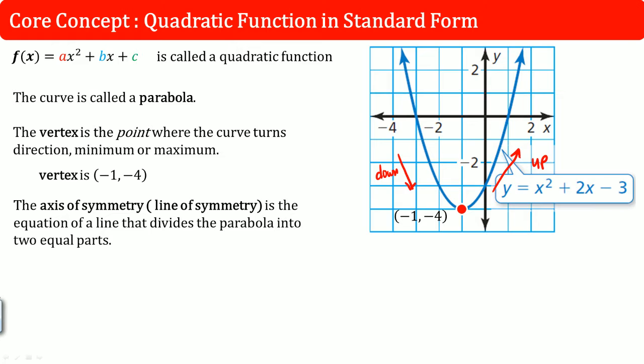So if you cut this parabola straight down the vertex, notice that the left side is equal to the right-hand side. The line that splits it in half is called the line of symmetry. Notice how it goes straight down the vertex, and x is equal to -1 because it goes straight down.